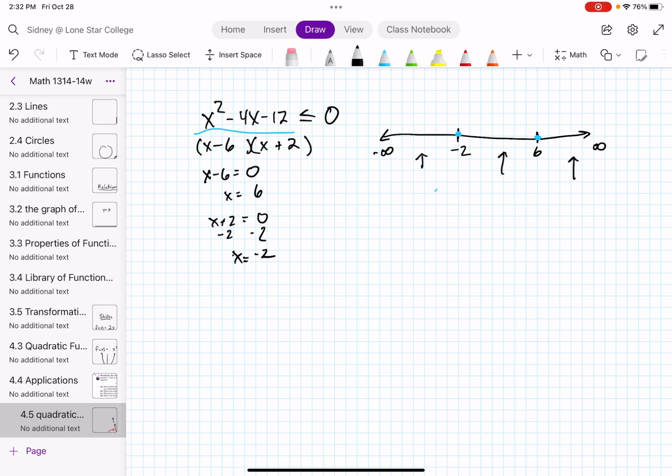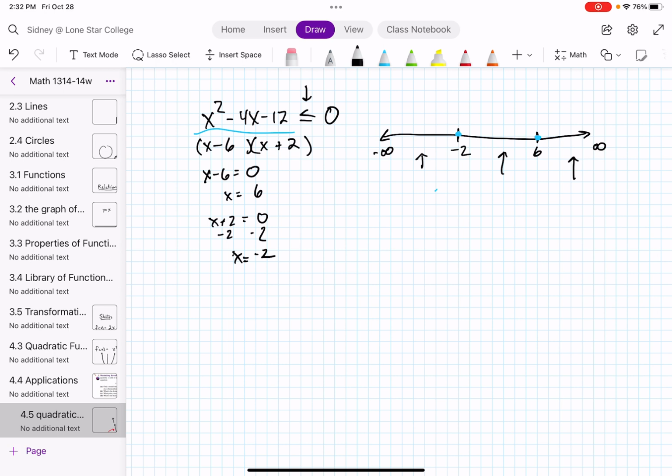And so we are looking for values that are specifically less than 0. So we pick test points in these three areas, these three sectioned off, partitioned pieces, and we're going to look for ones that have value less than 0.